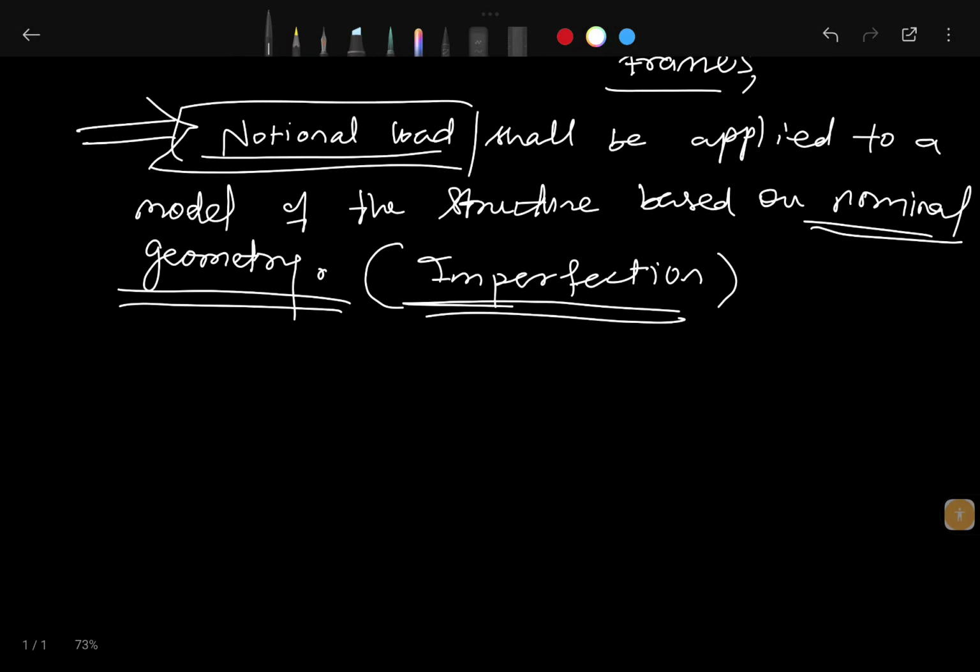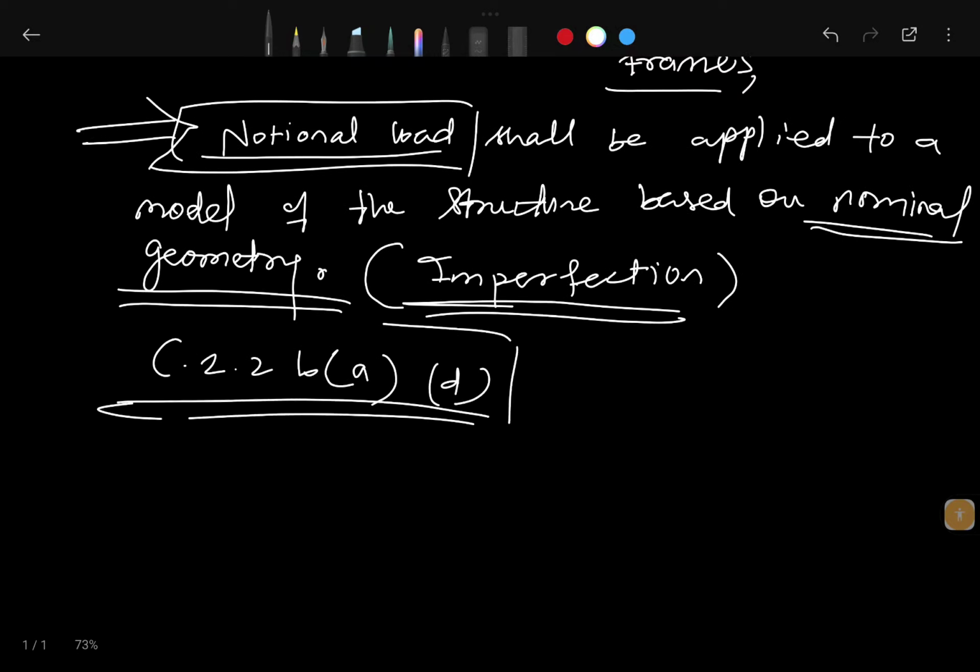It applies to imperfection in the position of both point of intersection of member and point along the member. But the specific requirement in section C2.2b A and 2.2b D, these are applied for these notional loads.